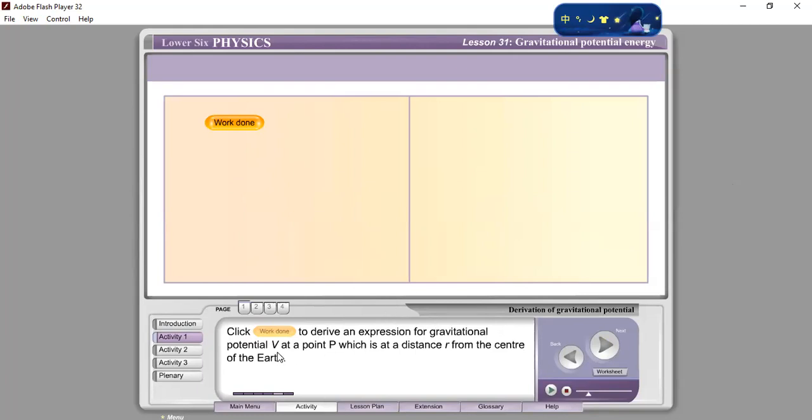Gravitational potential is V. Gravitational potential energy is U. So they are different. dV equals F times dx.